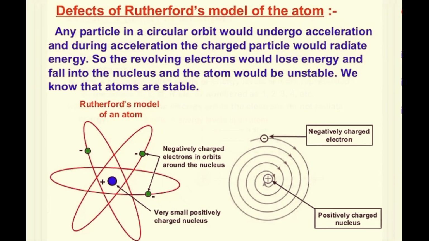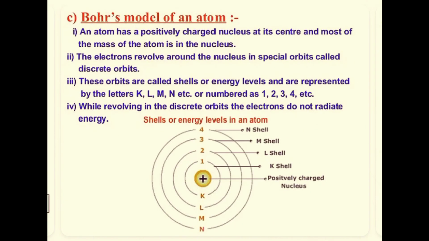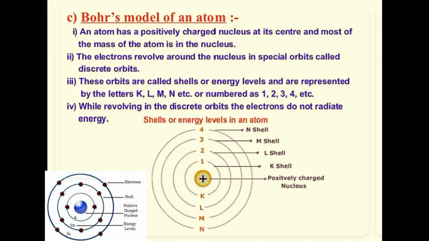Now we are moving to our next model, that is Bohr's model of an atom. First, an atom has a positively charged nucleus at its center, and most of the mass of the atom is in the nucleus.